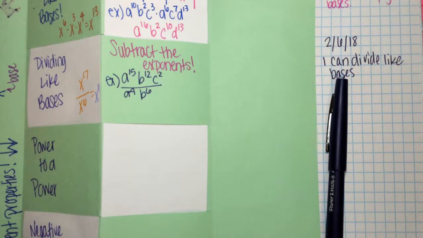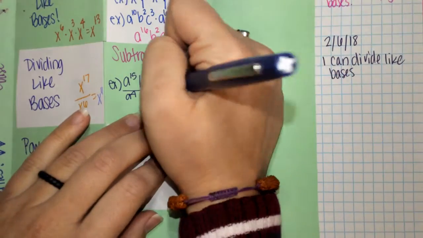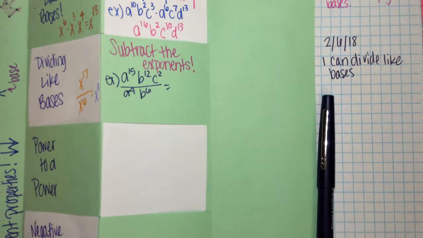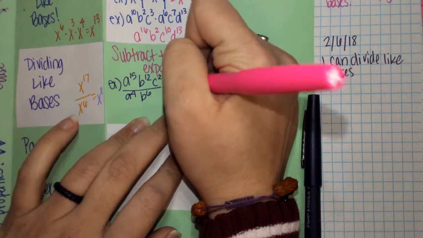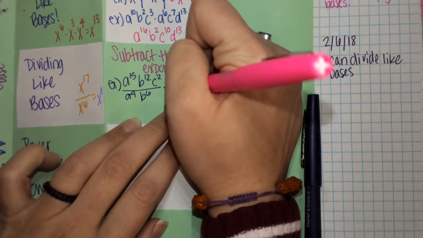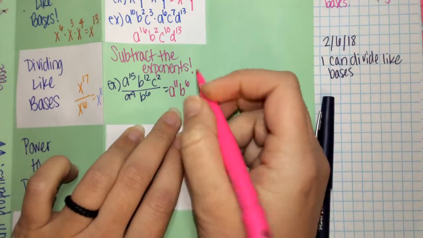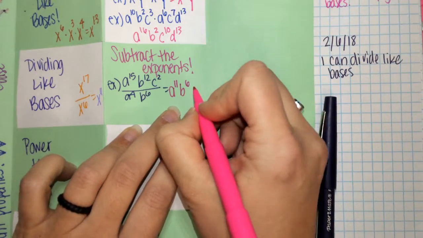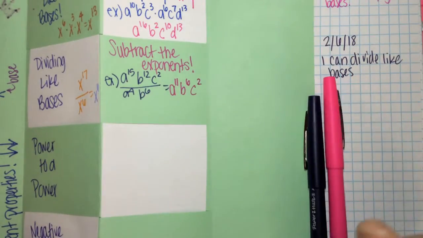Do we have anything to combine with that c? No, we don't. But we do have something to combine with the a and the b. So we're just going to subtract those. What's 15 minus 4? 11. What is 12 minus 6? And then what do we do with that c squared? Just bring it down. Good. Take a point.